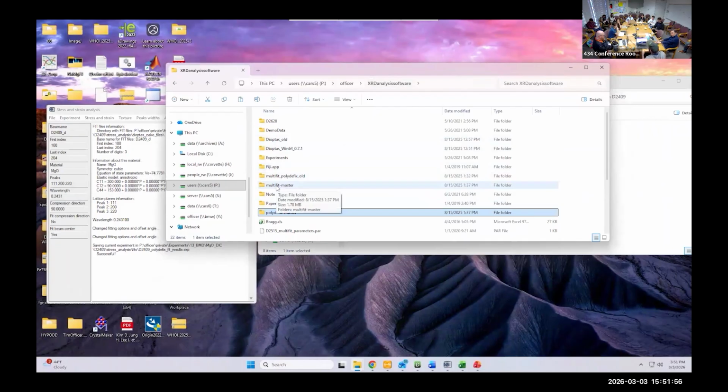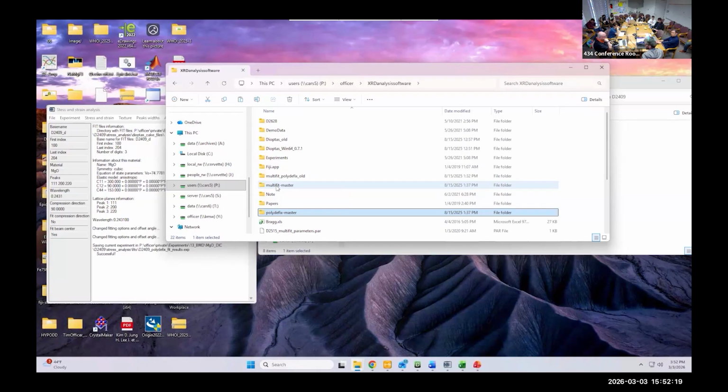You can get the IDL virtual machine. You already have it. It's basically a lesser version of IDL, but it can run these things, and it's free. And so is this software.